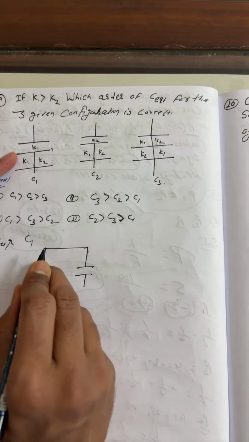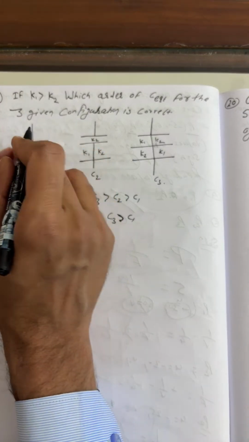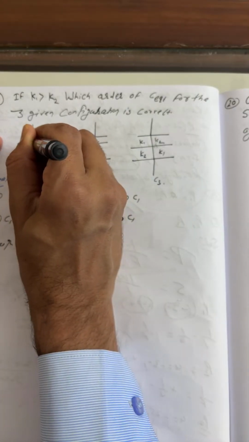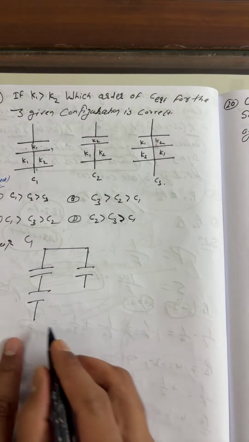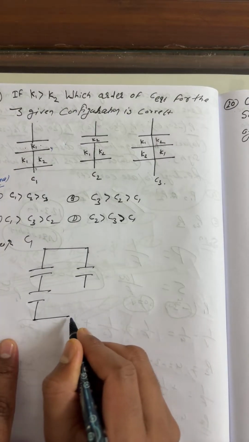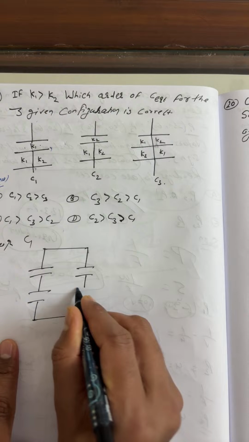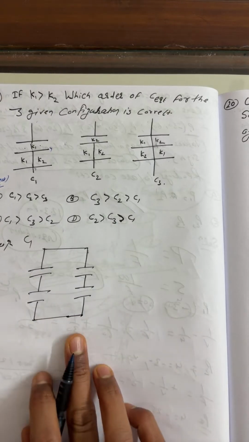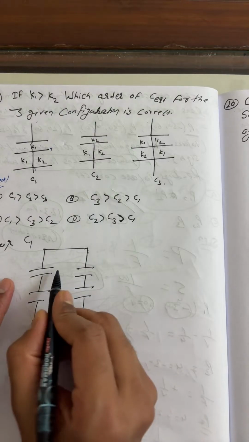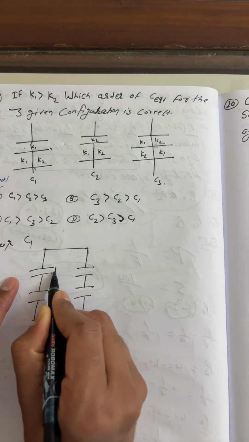This is K1 and this again K1 here because it's a four part. This is half and this is half, right? For this condition, you can connect like this. Area also is A by 2.